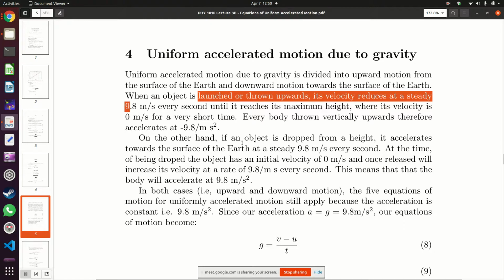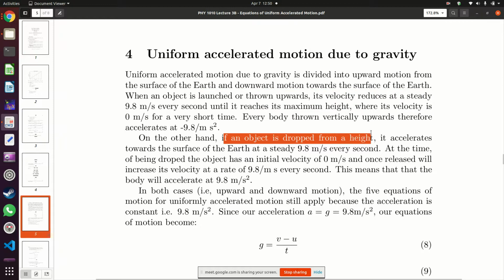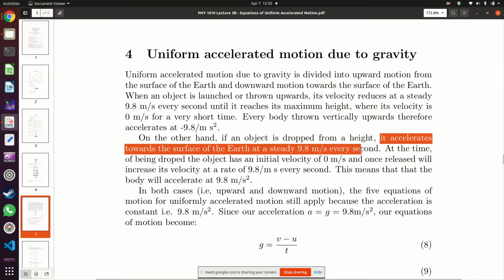When things are going away from the surface of the Earth, their speed tends to reduce by 9.8 meters per second every second. So they slow down until they come to a stop, then again they fall towards the surface of the Earth where the velocity begins to increase. So if you drop an object from a height, it accelerates towards the surface of the Earth at a steady 9.8 meters per second every second.